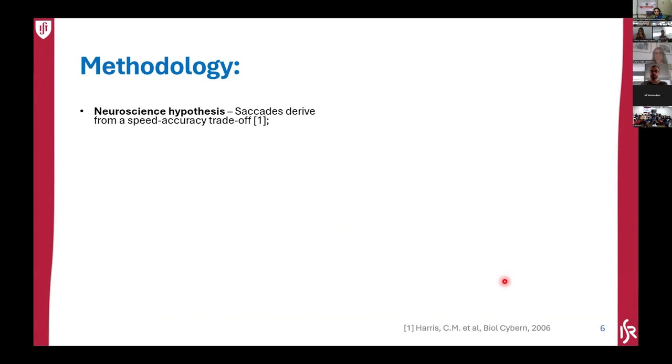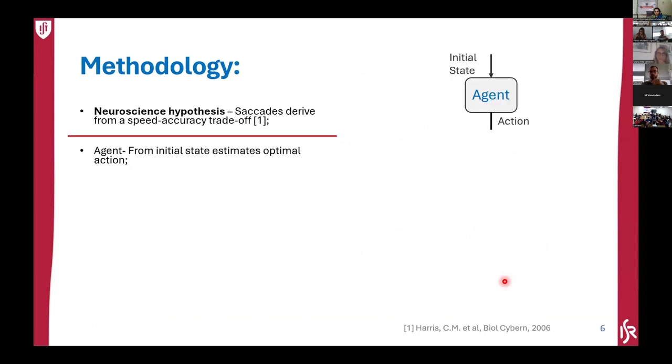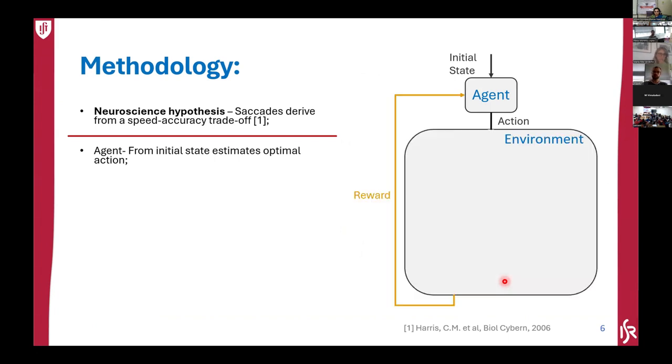Following our methodology, we have an agent which is able to act on an environment with unknown dynamics, solely based on information regarding the initial eye orientation and the desired eye orientation. The environment itself will only output a reward signal, which is a scalar quantity that incentivizes the agent to create actions that result in higher and higher rewards.